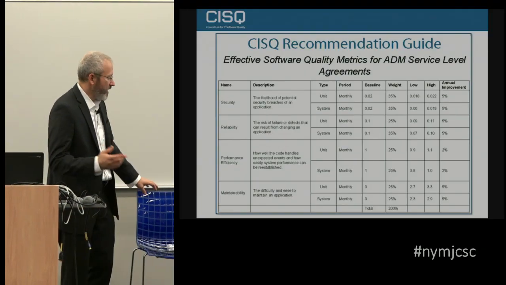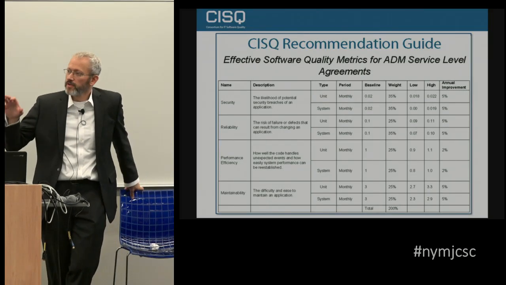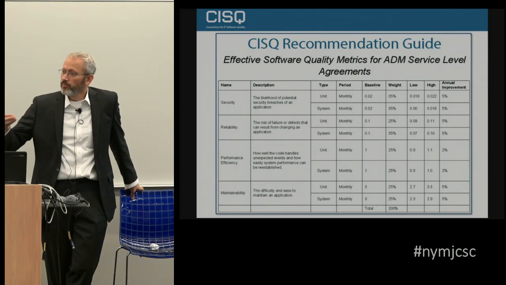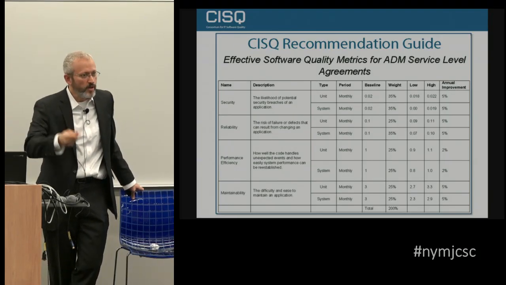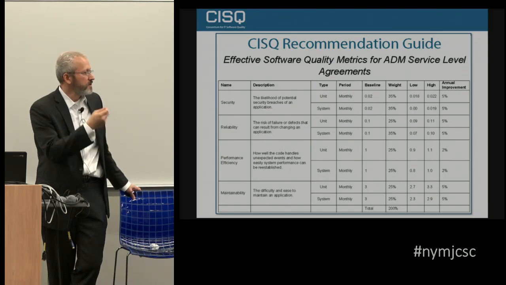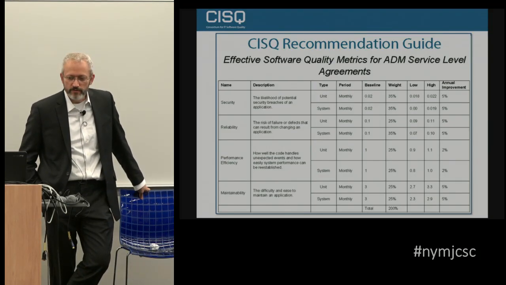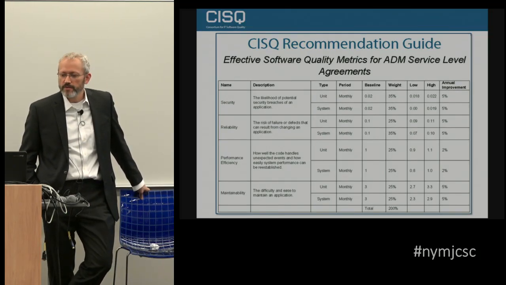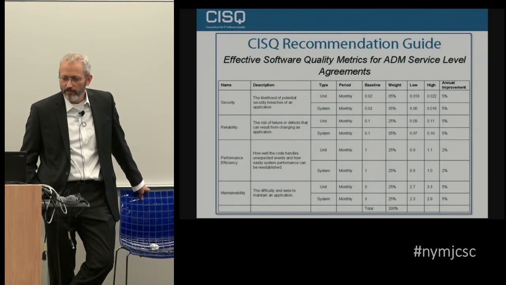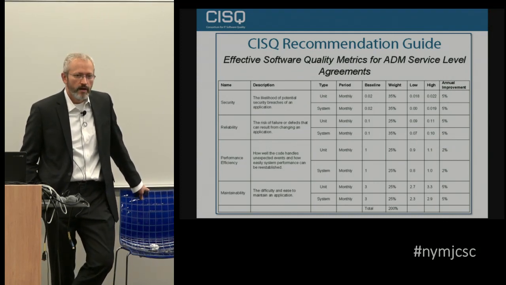So coming back to that, there's been a big interest in the CISQ community about how you actually put these standards into play on paper, in contracts with your software providers and services providers. And what I did, I actually pulled the table out of one of the documents posted on the CISQ website.